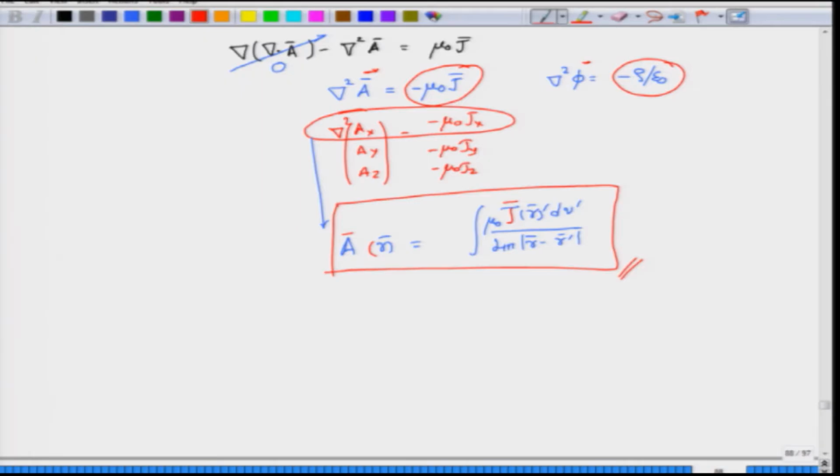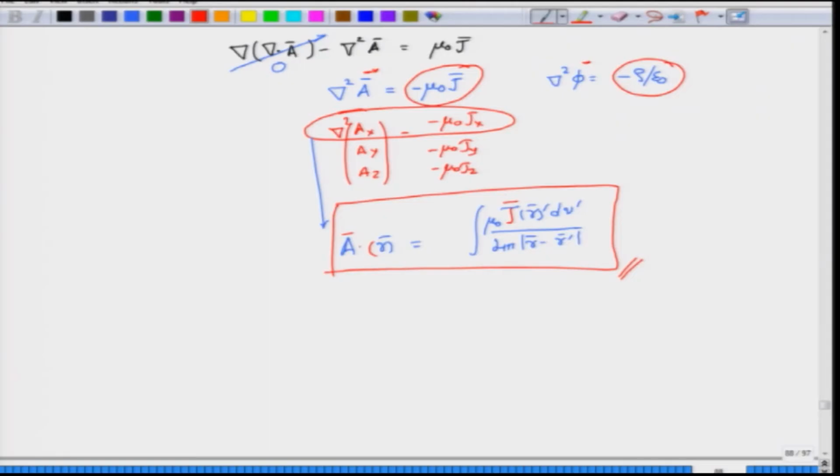In many calculations we can actually start with the vector potential, which simplifies a lot of our calculations in calculating the fields of the radiation, right. The radiation fields can be somewhat easily calculated provided you start off with the current distributions and calculate the vector potential, and from there you go to the magnetic field. The reason why it becomes simple is because J and A direction coincide with respect to each other.